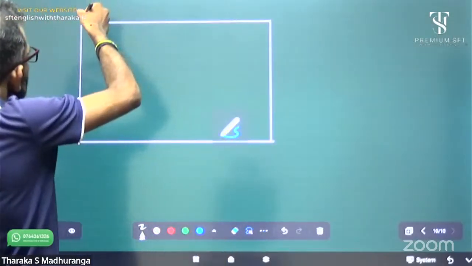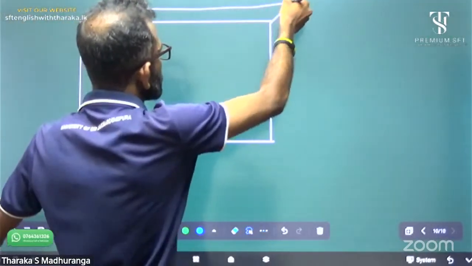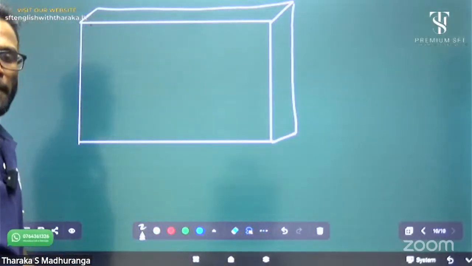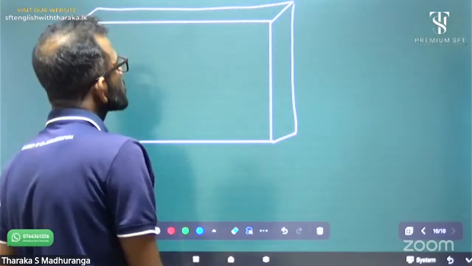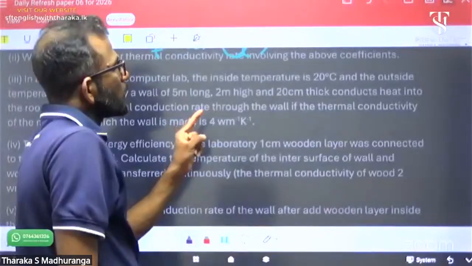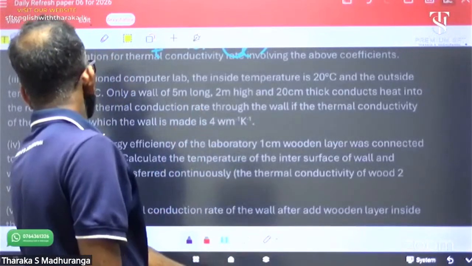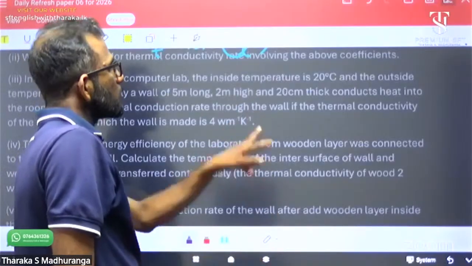Now the wall has a small thickness, 20 centimeter. The inside temperature is 20 Celsius and the outside temperature is 30 Celsius.